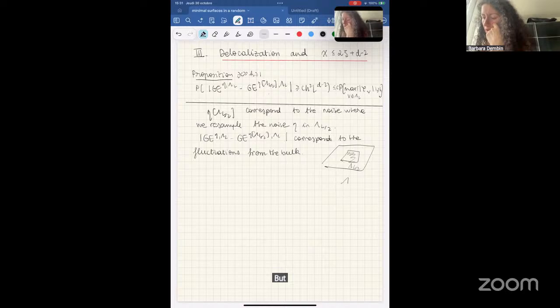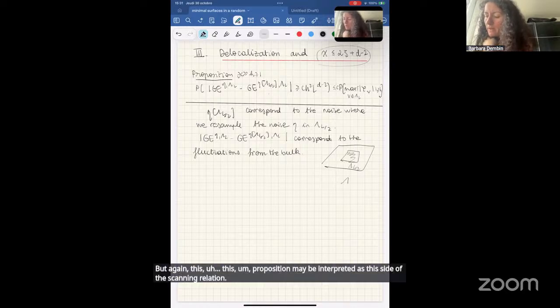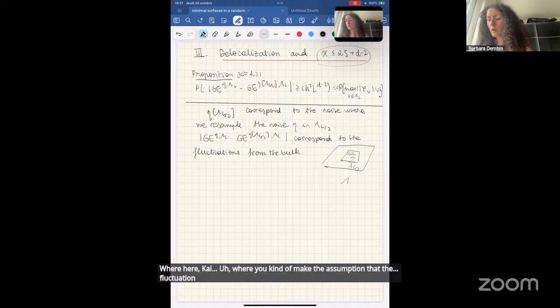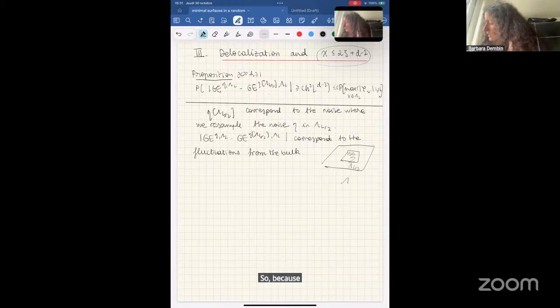But again, this proposition may be interpreted as this side of the scaling relation, where you make the assumption that the fluctuation arising from the bulk is of the same order as the real fluctuation. Because what you want to say is that, let's say, h square L^(d-2) is of the order L to the chi.